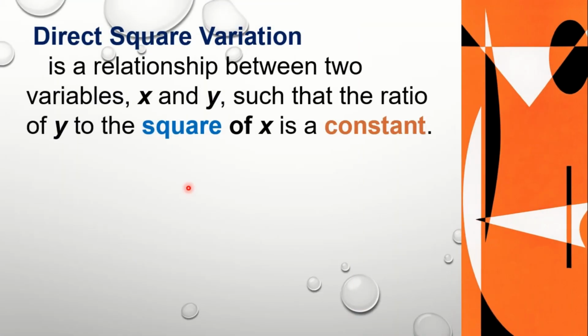We have also the so-called direct square variation. It is a relationship between two variables, x and y, such that the ratio of y to the square of x is a constant. So, dito sa direct square variation, magkakaroon ng square ang second quantity or the second variable x.